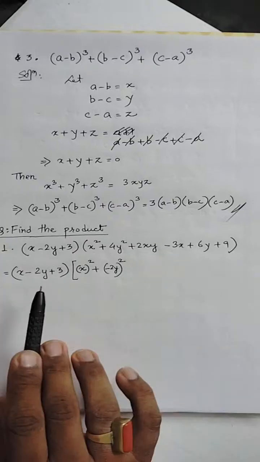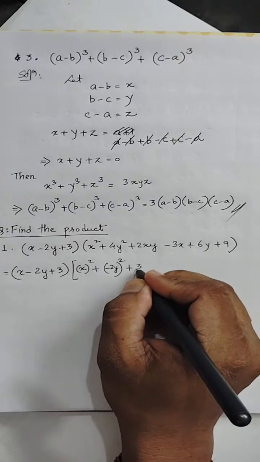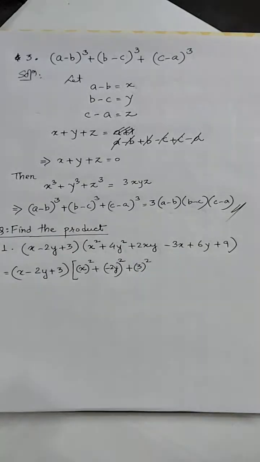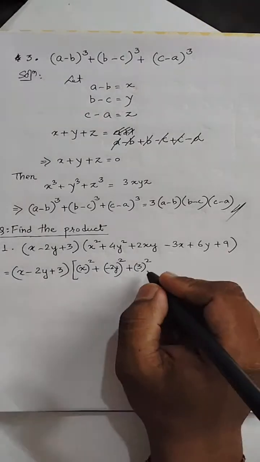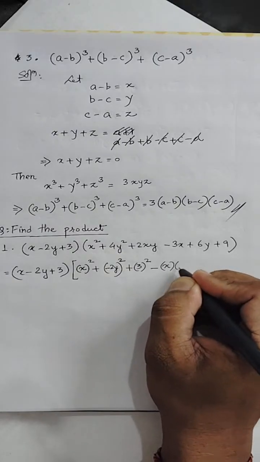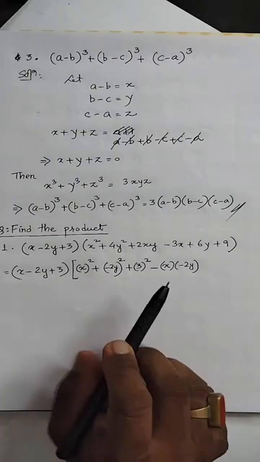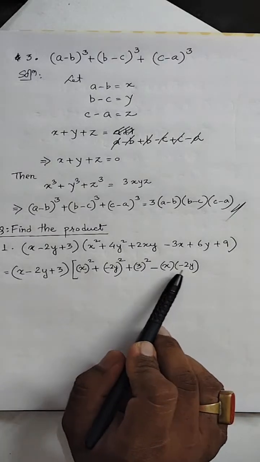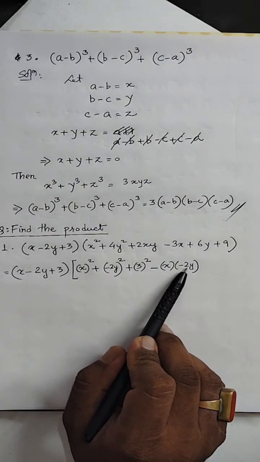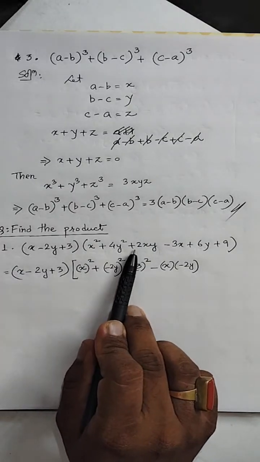Okay, so 3 square is actually 9, so you write it plus 3 whole square. Okay, then minus x into minus 2y. So you can, like I always say, you can cross check. So x into minus 2y is minus 2xy, and minus 2xy multiplied with minus is positive 2xy.